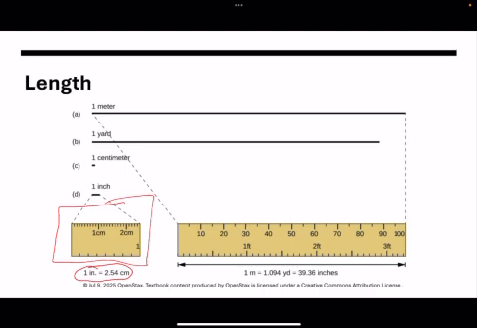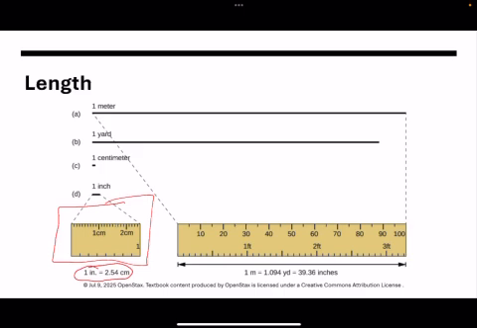Another common measurement are meters in metric and yards in imperial, and you can see that they are very different. This is something that my high schoolers mix up all the time. I have meter sticks in my room, and they often ask for a yardstick, and I'm like, I don't have a yardstick, I only have meter sticks.